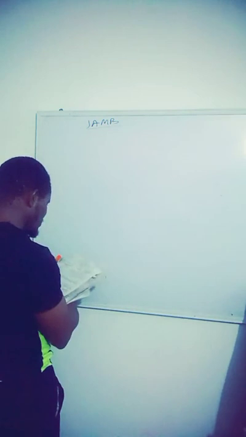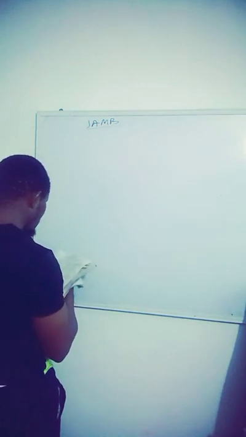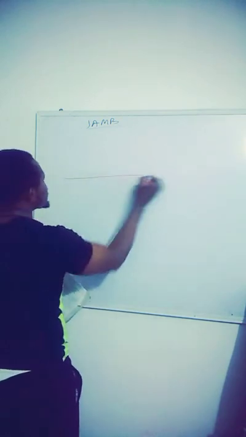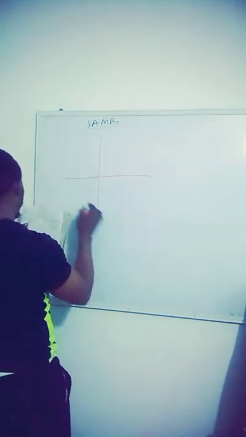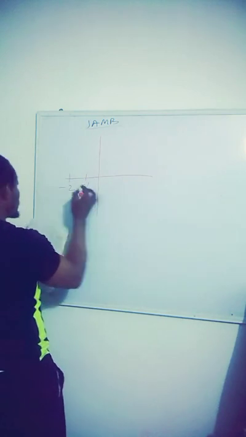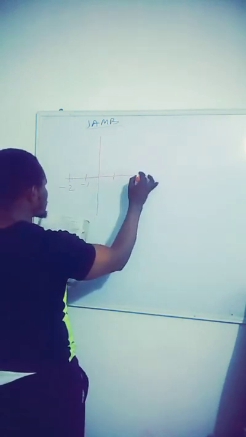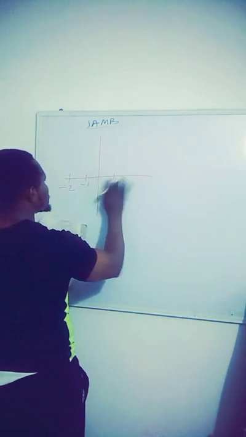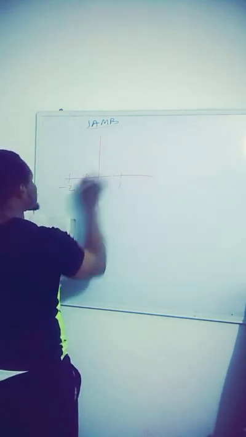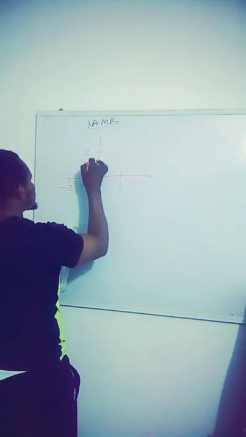So the next question here is: which of the following equations represents the graph? The graph has -1, -2, 1. You have this graph, you have 2, you have 1.